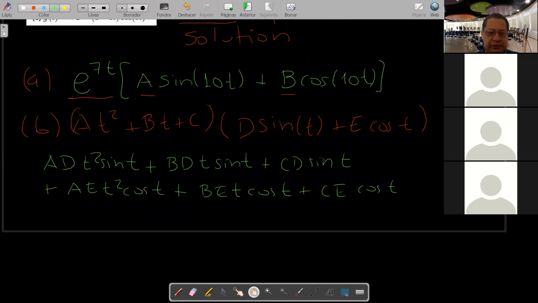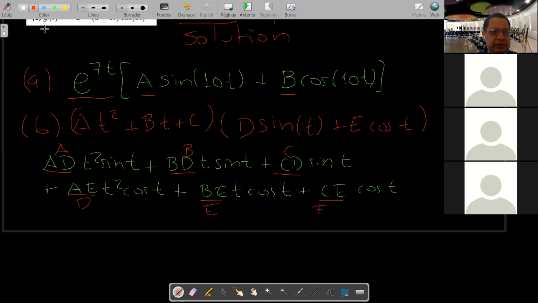And of course, these coefficients can be written just as another constant. So we can call these constants just a, b, c, d, e, and f.